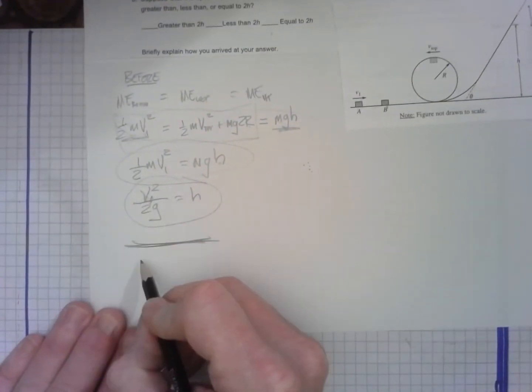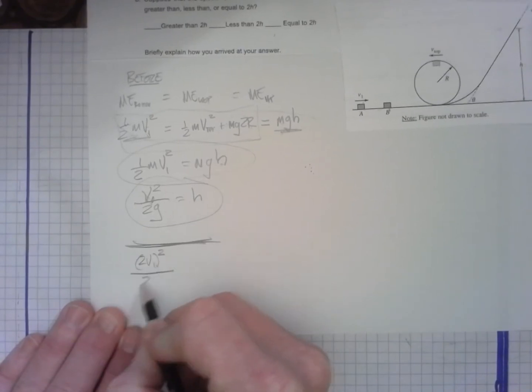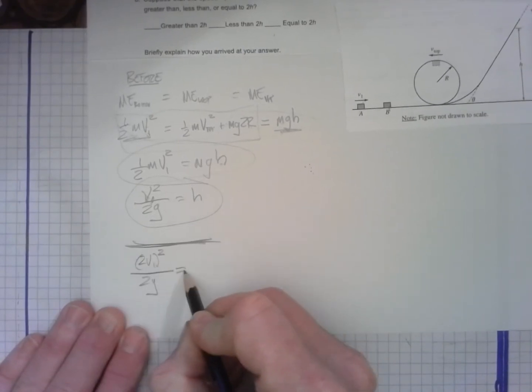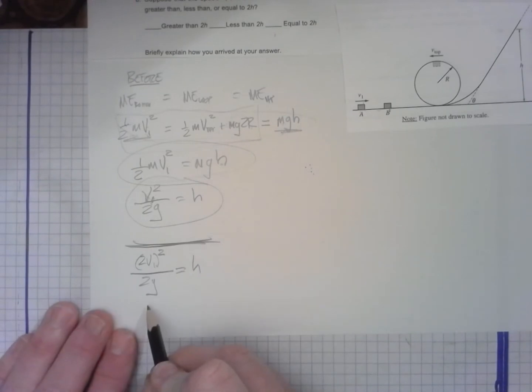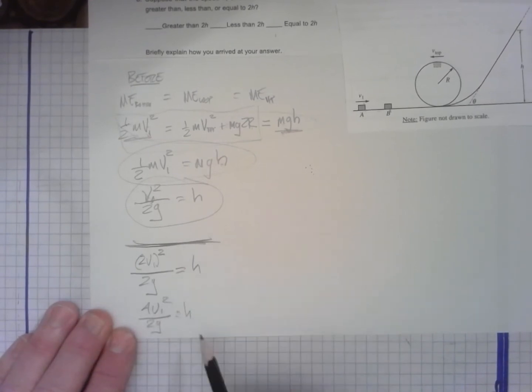So they doubled it. So we know that it's going to be 2V1 squared over 2g equals h, and this is going to be 4V1 squared over 2g equals h.